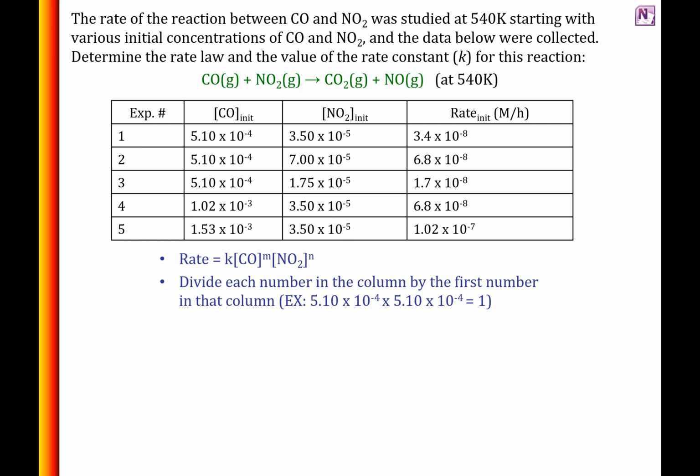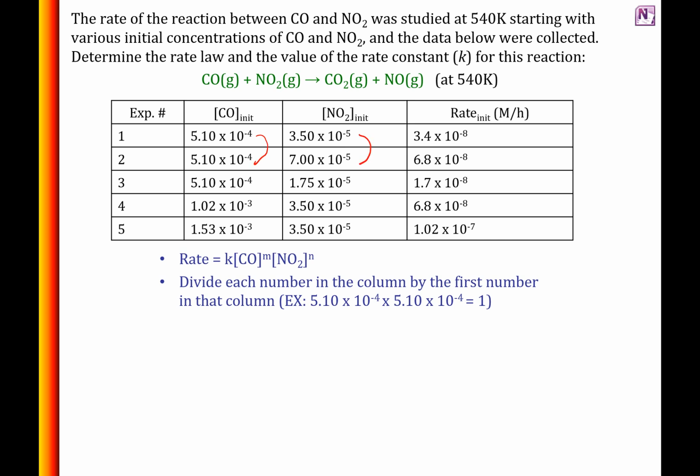The first thing I like to do when trying to solve these, if you can, is to take each of the concentrations and the rate and divide them by the first one. For instance, from here to here, dividing would give me 1.